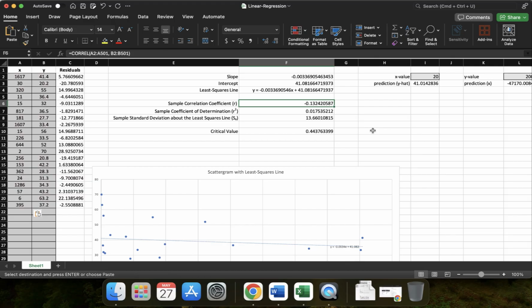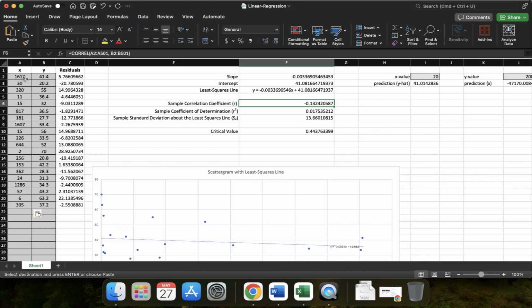And then I'm going to switch out the x coordinate and see what the correlation coefficient is.